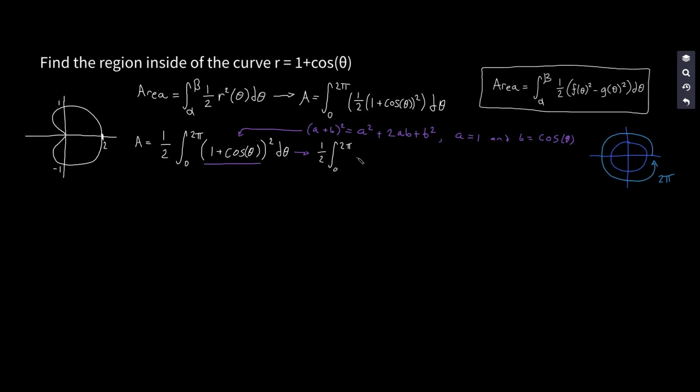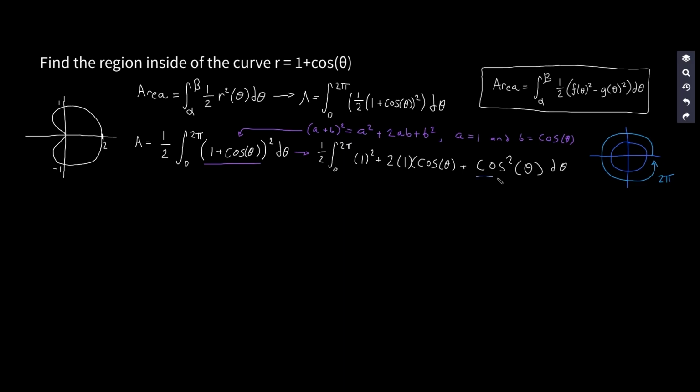So this is going to be 1 squared plus 2 times 1 times cosine of theta plus cosine of theta squared, integration with respect to theta.